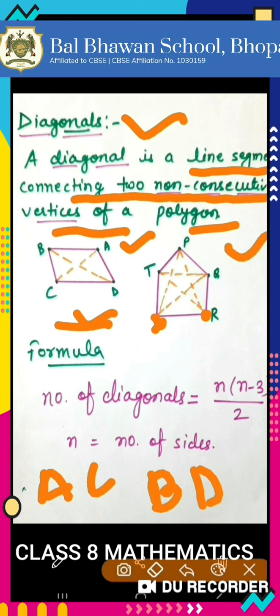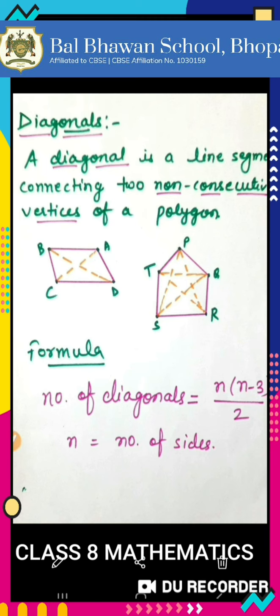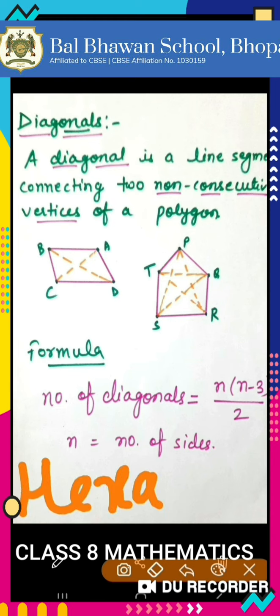when you join the non-consecutive vertices, you will get the diagonals. And children, suppose you are given a question to find the number of diagonals in a hexagon. Hexagon means what, children? Yes, the polygon which is made up of 6 line segments.